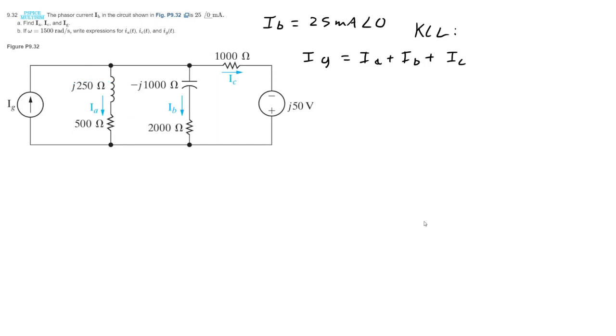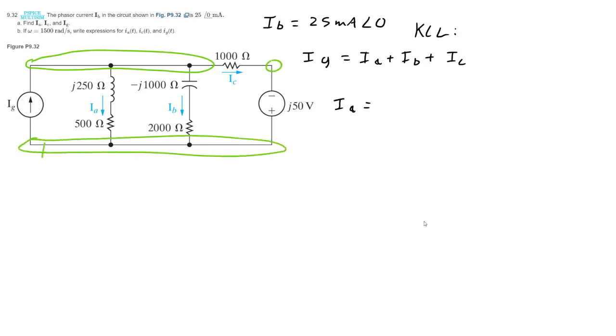So let's say that IA is, if I go ahead and label the whole circuit, I'll call this ground. It's not actually ground, it's our 0 volt reference, but we'll just say that's our ground.